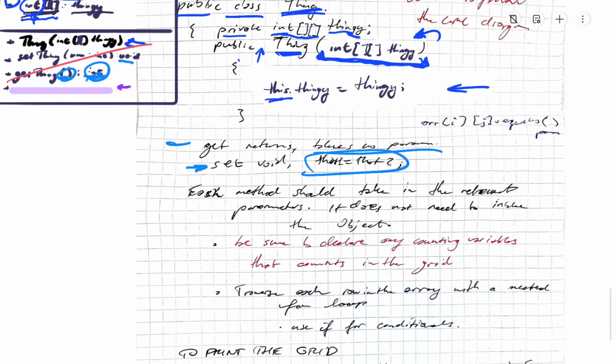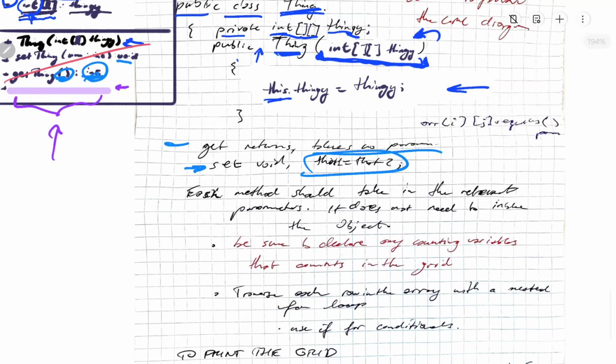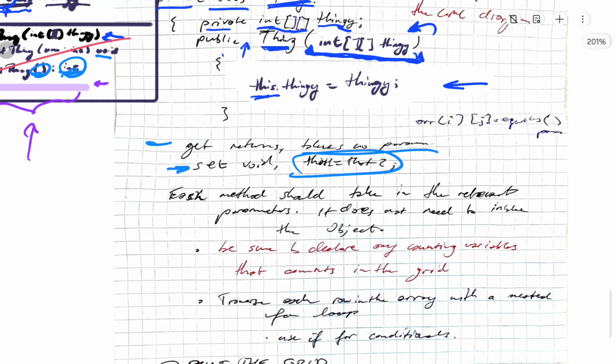So there are some methods, like problem-solving methods, that you'll be asked to do. Each method should take in the relevant parameters, and it does not need to intake the object, because each of the methods will be called with thingy dot method and then the parameters.